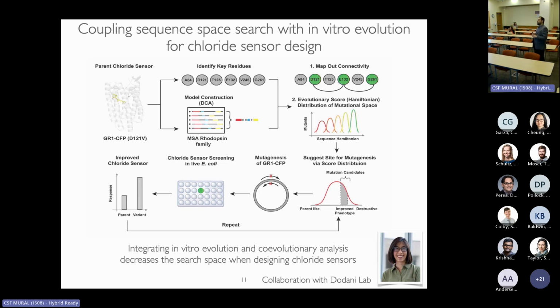these probable interactions, which are going to be mutations that are functional, and some of those might lead to better chloride sensing. So what we do is propose mutations, check if the sensors are improving, and if that's true, then go and do it again.